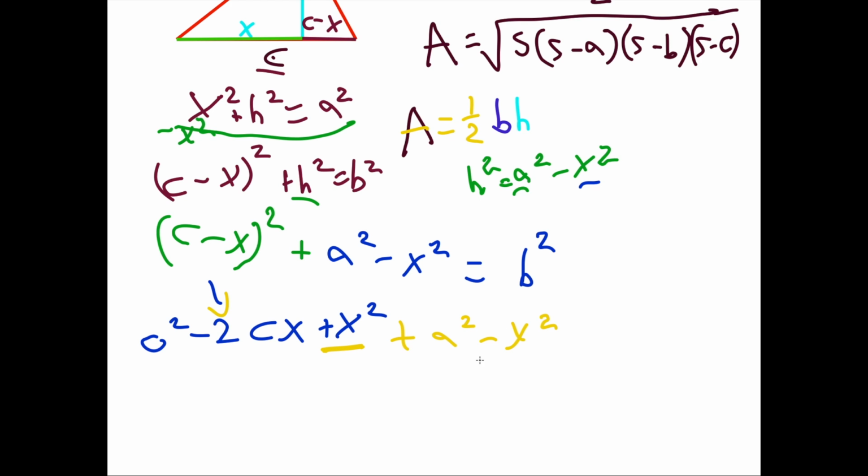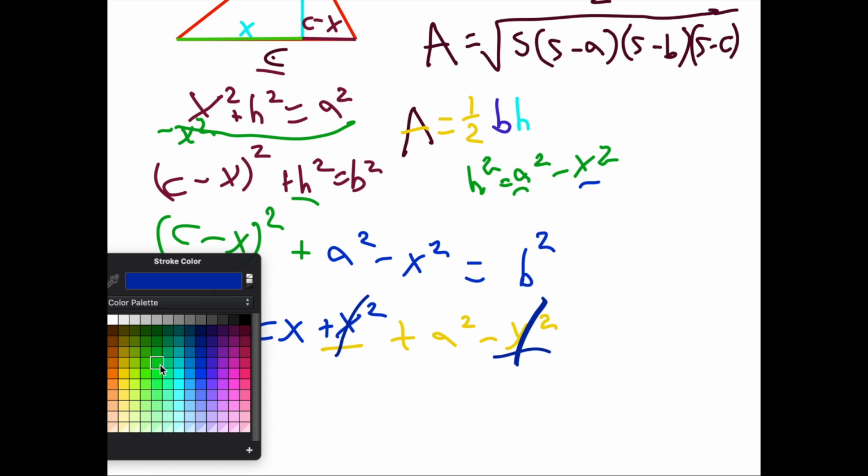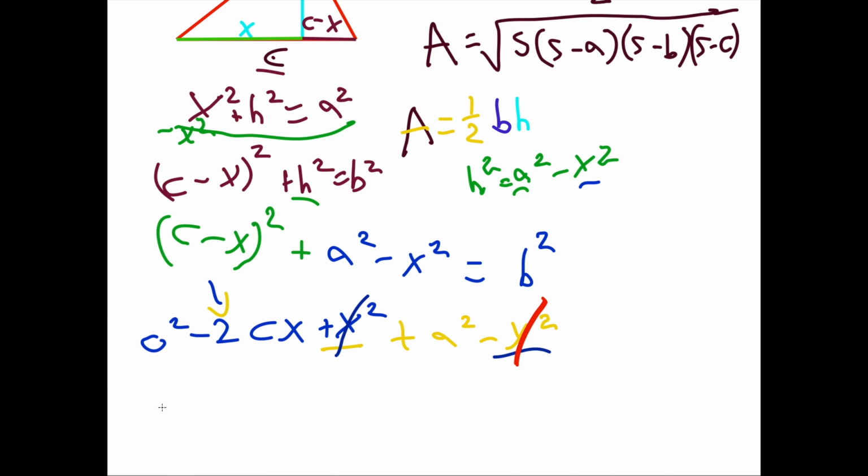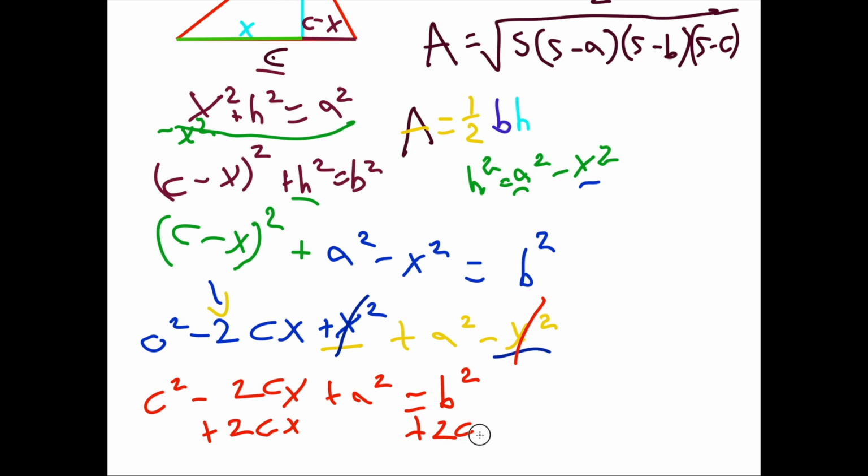Now here's a plus x squared, here's a minus x squared. What do we do? We cancel, right? So if we cancel this with this, we get the simplified formula, c squared minus 2cx, if you call this simplified, plus a squared equals b squared.